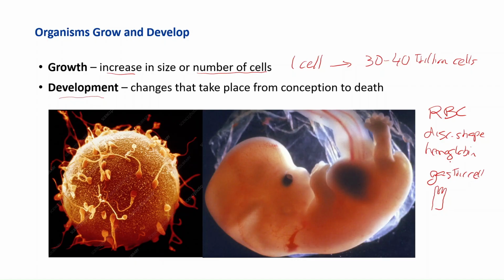And you don't make hemoglobin because you don't carry oxygen. What do you make? You're going to make the acid that you use to digest the food. So you're going to be making hydrochloric acid. So a red blood cell doesn't look like a gastric cell in shape, and contains different chemicals. They're completely different cells. That's what development means. Okay?